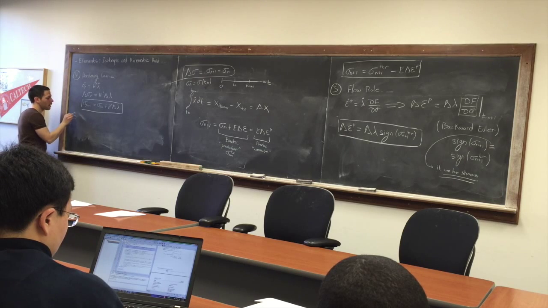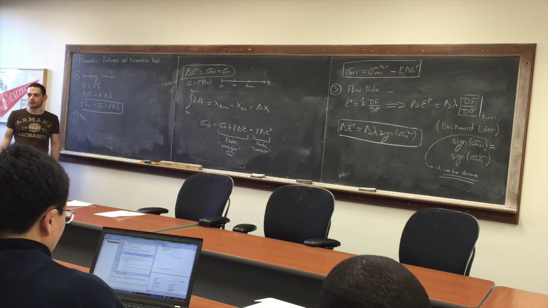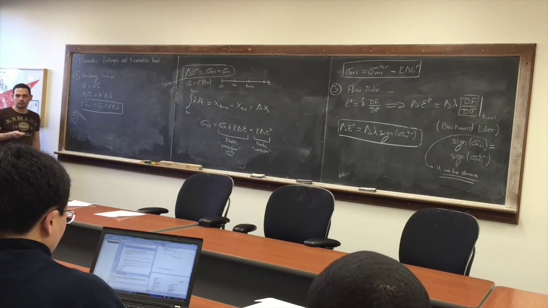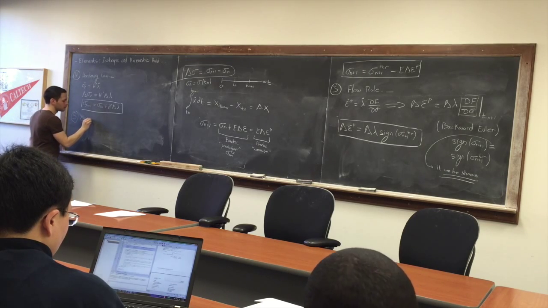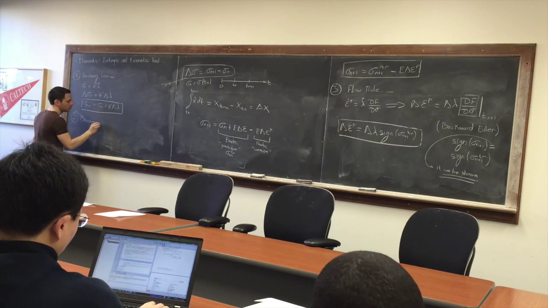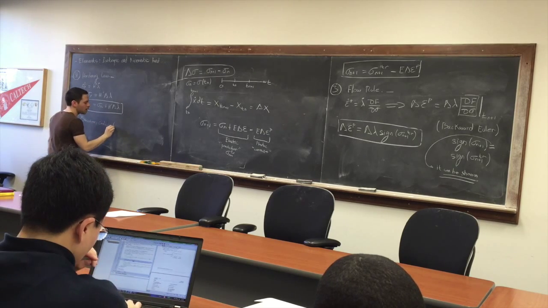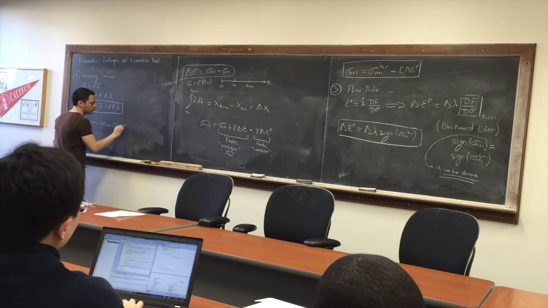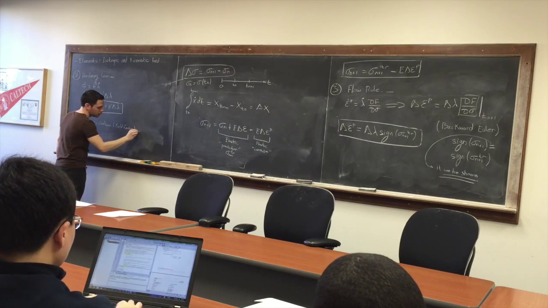The last ingredient was number 5. It was the consistency condition. But here we actually use only the yield function at yielding in plasticity.